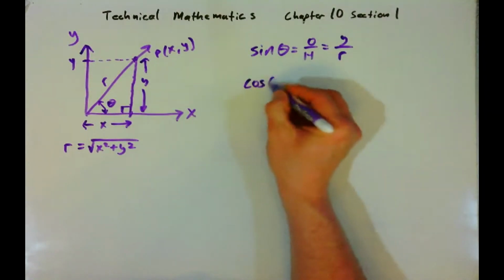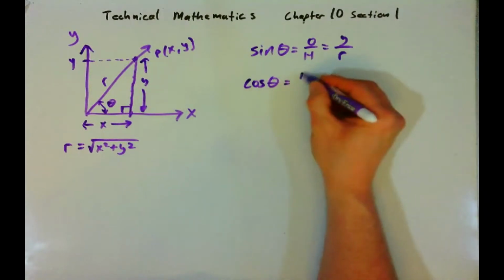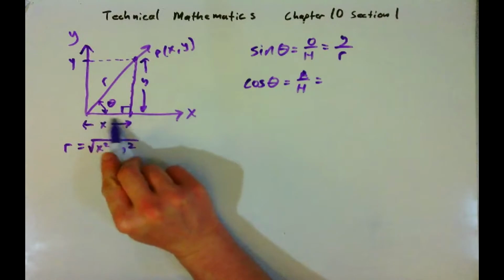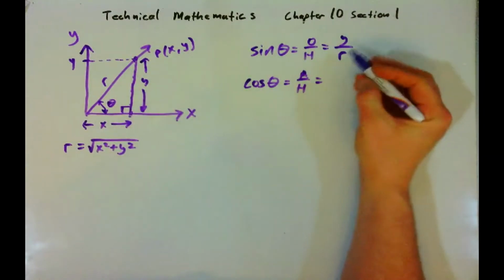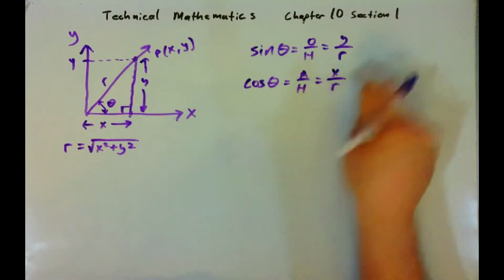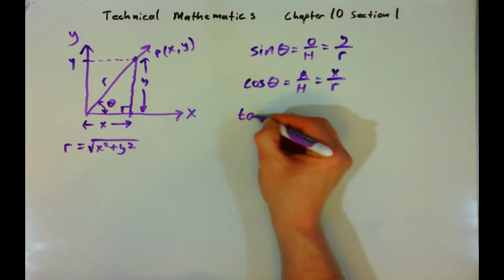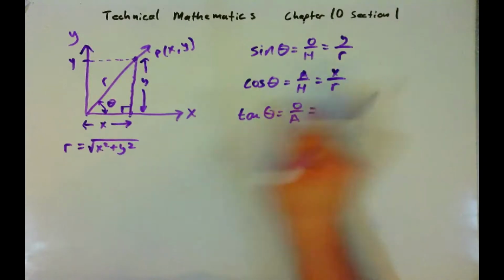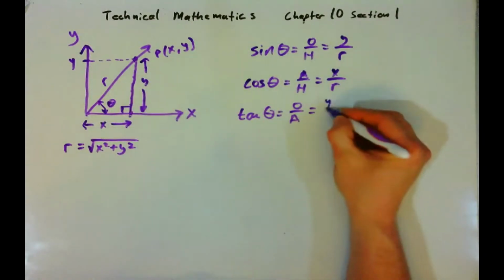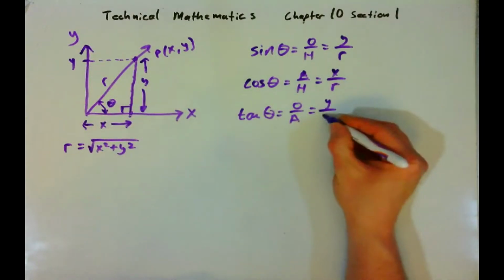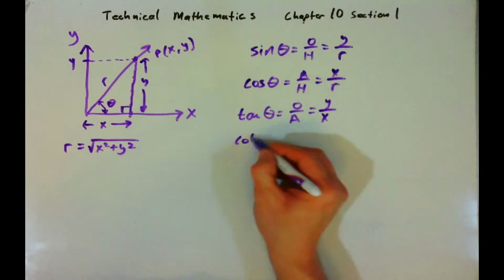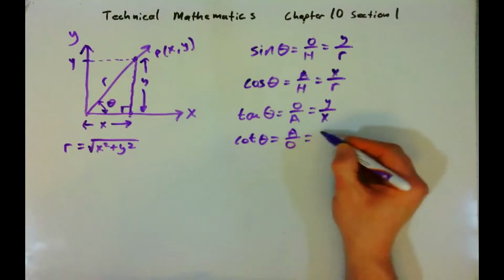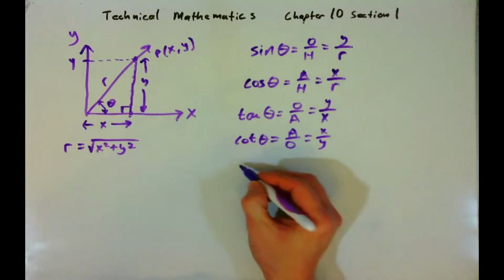We can do the same thing with cosine. Cosine of theta is the adjacent over the hypotenuse. For theta, the adjacent is the x coordinate. r, of course, is the hypotenuse. The tangent of theta is the opposite over the adjacent, where again the opposite side is y, the adjacent side is x. We can find the cotangent of theta, which is the adjacent over the opposite, which will be x over y.